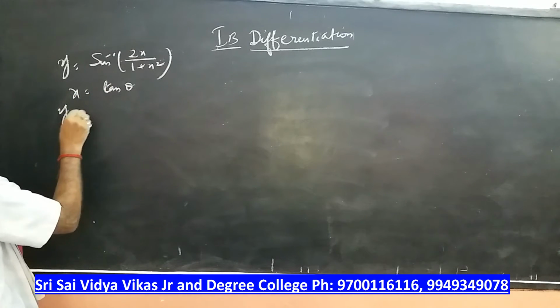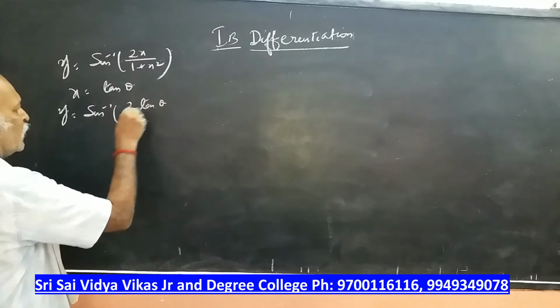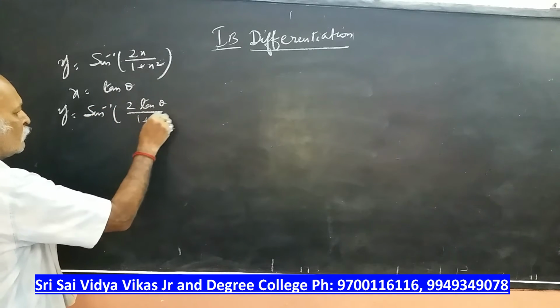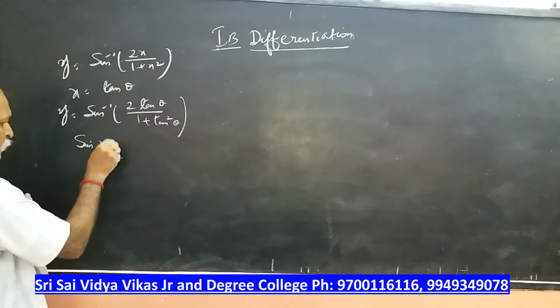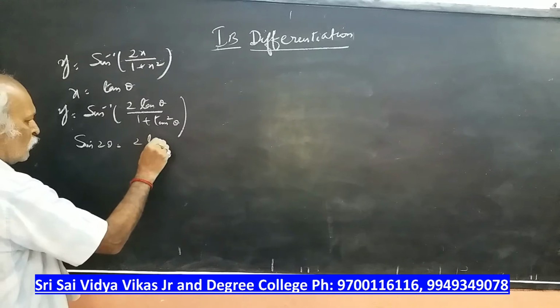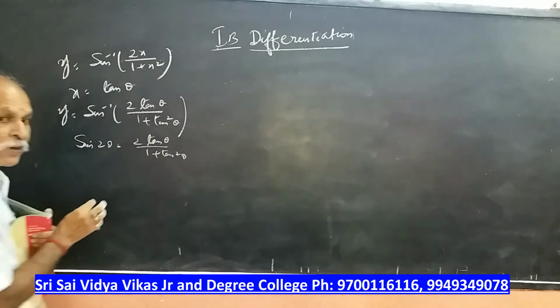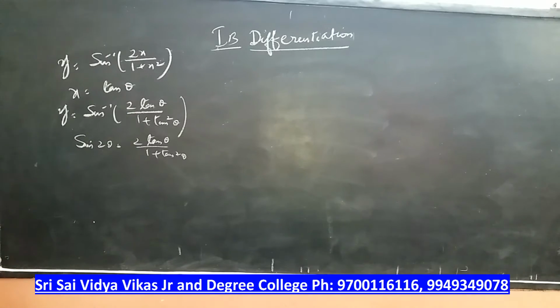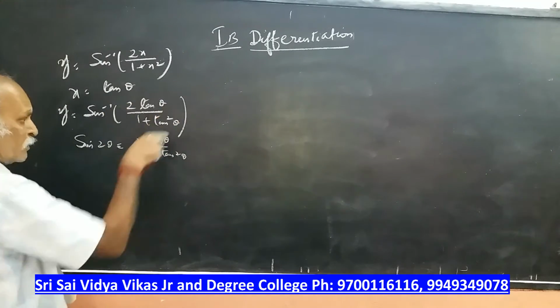So y is equal to sin inverse of 2 tan theta by 1 plus tan square theta. There is a formula: sin 2 theta is equal to 2 tan theta by 1 plus tan square theta. What is the formula? Sin 2 theta is equal to 2 tan theta by 1 plus tan square theta. So this is replaced by what, sir?